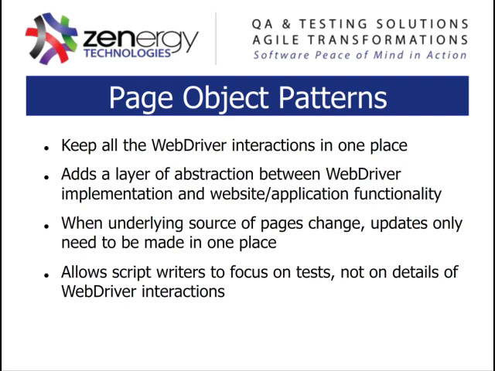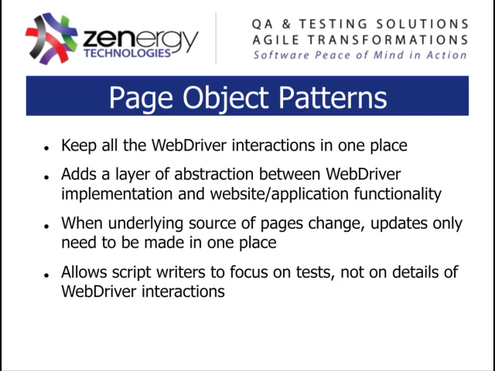Usually the object definition or the object identifier is within that page. So if I know that an object identifier or object property changes, I just have to go to that page and update the object. It also allows the script writer to focus on the test and not the detail of the WebDriver interaction. What we mean by that is the person who developed the class needs to map out everything.